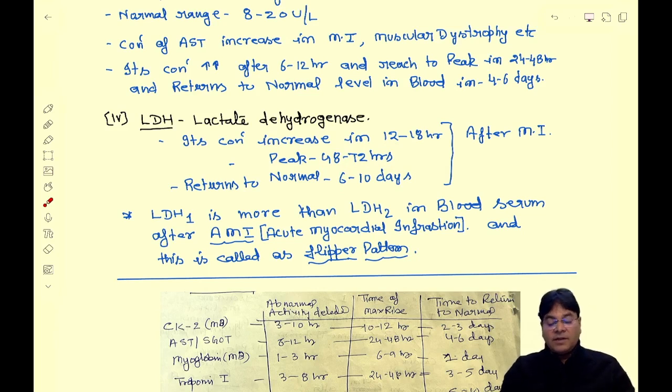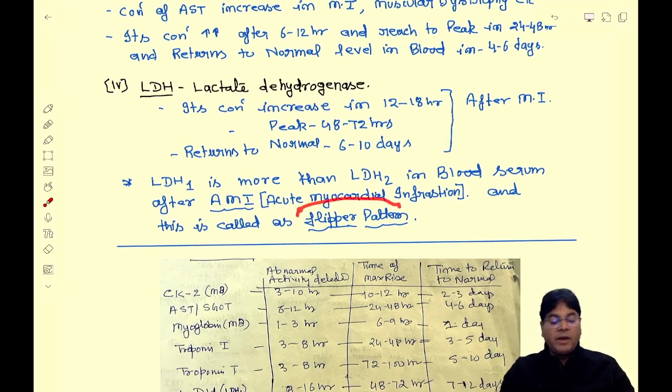This enzyme LDH is also an isoenzyme that exists in different forms. LDH1 is one form and LDH2 is another form. But in acute myocardial infarction, that is a severe heart attack, the concentration of LDH1 is more than LDH2. Usually LDH2 is more. This pattern of LDH1 being more than LDH2 in the blood serum is called the flipped pattern.